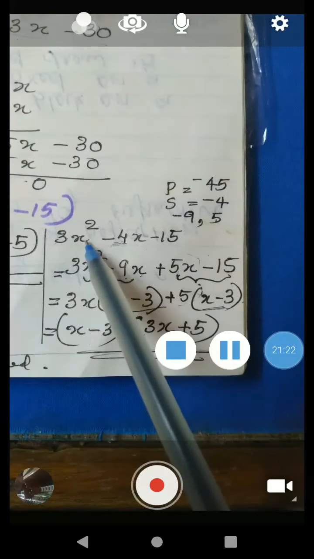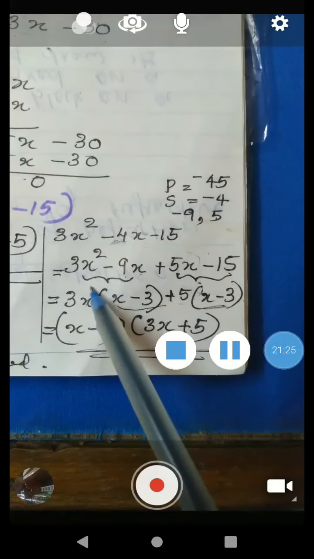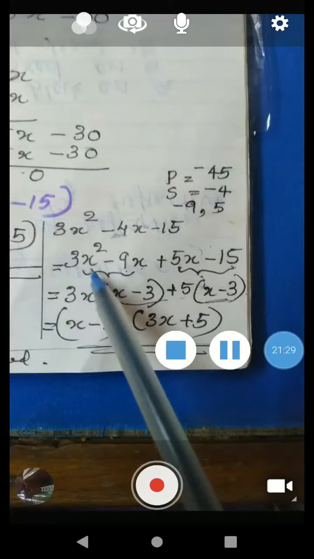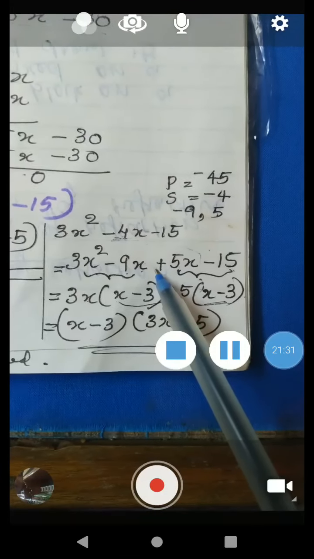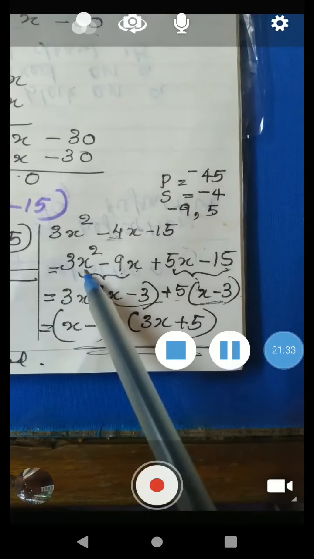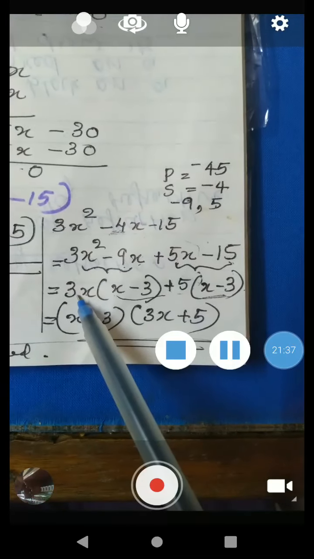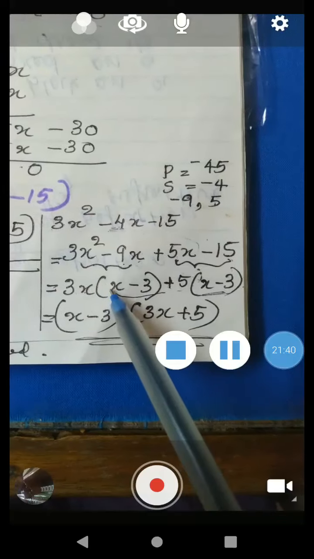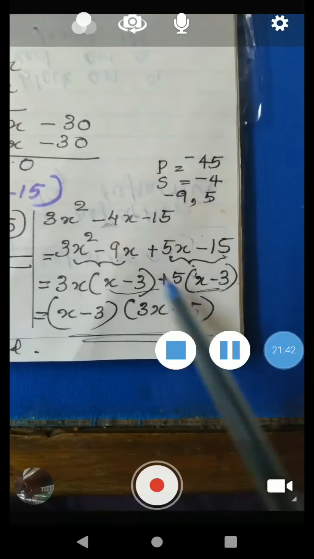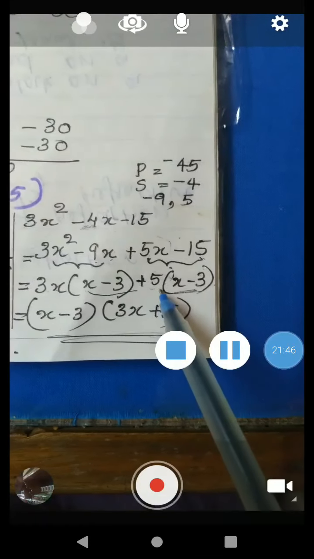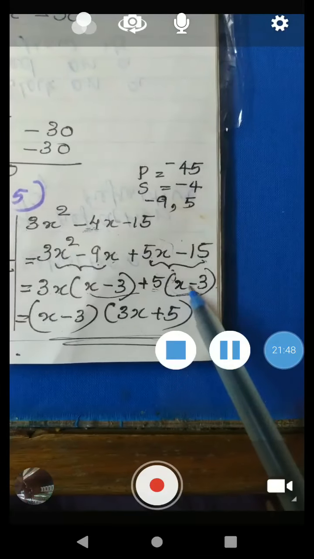Now, grouping. These two in one group, next two terms in another group. What is common in the first two terms? It is very clear, 3x is the common factor. So take it outside, 3x. What is remaining? That is x minus 3. Plus, what is common in these two? 5 is common. Take it outside. Remaining x minus 3.